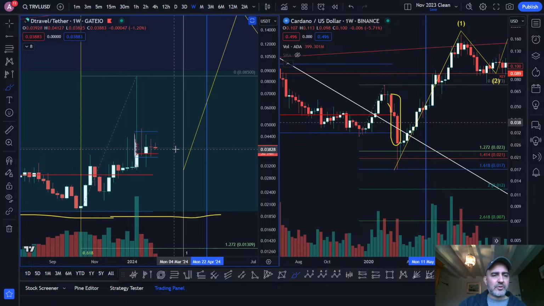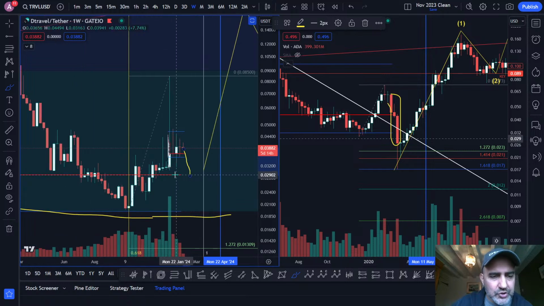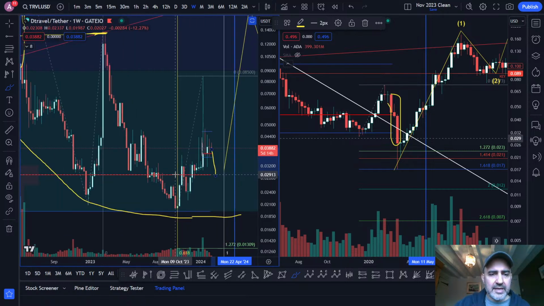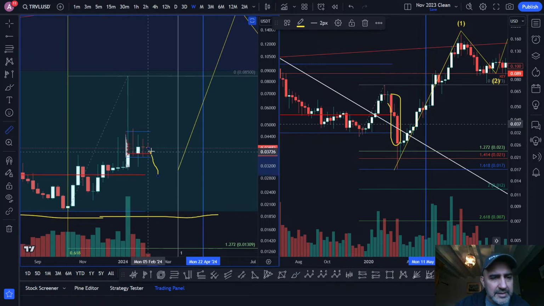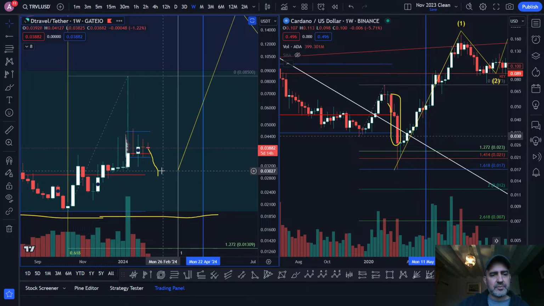I'm just continually scaling in with limit orders. Even though it is possible the price does go down to the point of control, that would be about 2.9 cents. It's not a small drop. It's like a 25% drop.